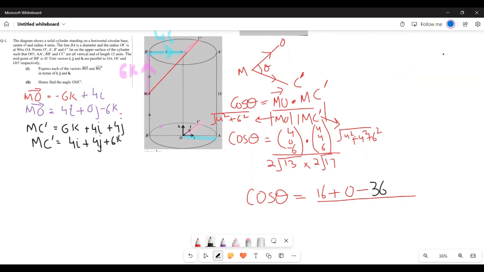Divided by 2 under root 13 times 2 under root 70. So what is the numerator? 16 minus 36, which is minus 20, divided by 2 under root 13 times 2 under root 70. I'm just going to go ahead and find the final value. That's giving me minus 0.63336.